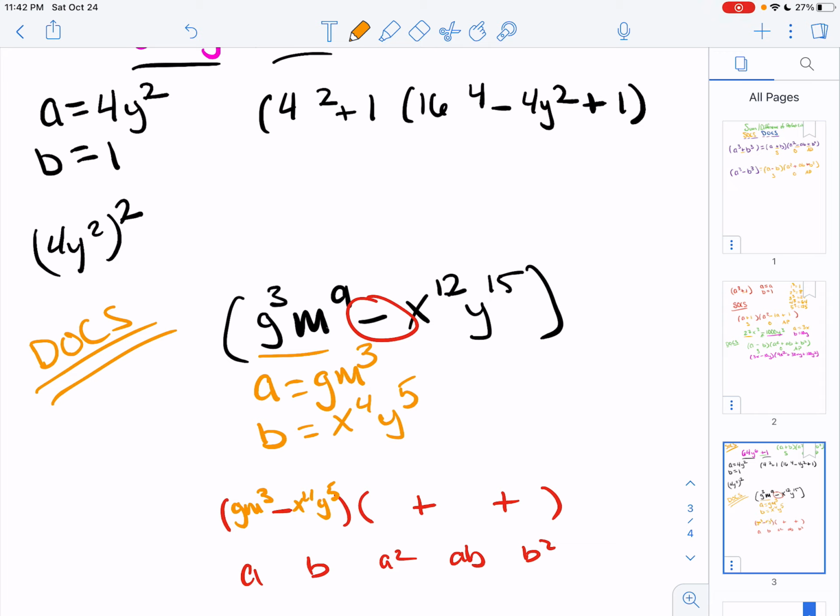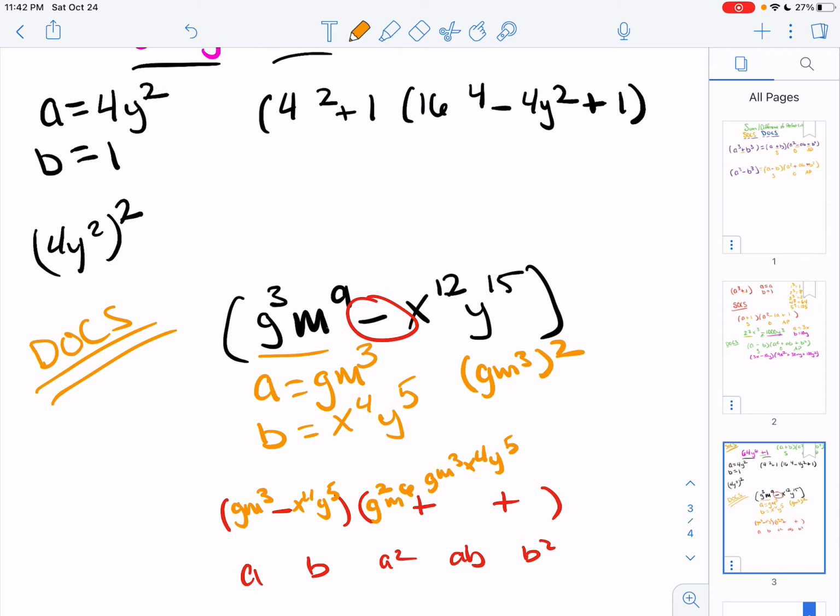Now I have A squared, which is g m to the 3rd squared. So that's g squared m to the 6th. Remember, when we have a power raised to a power, we multiply. Now I have A times B, so this is a little bit ugly. So this is g m cubed times x to the 4th, y to the 5th.